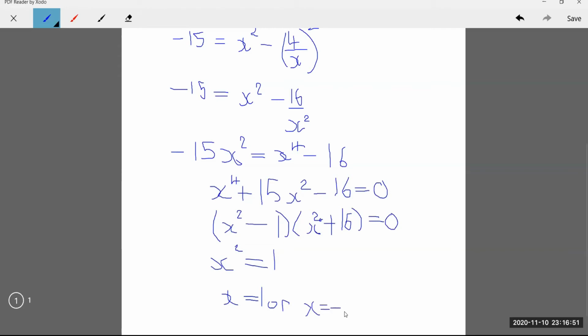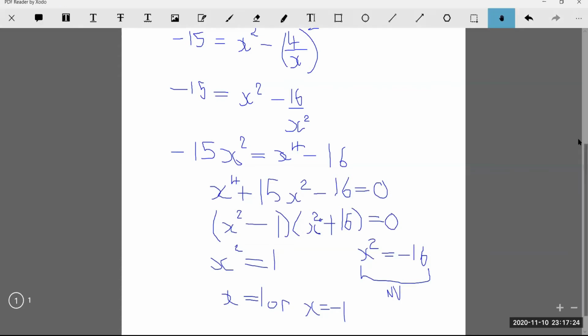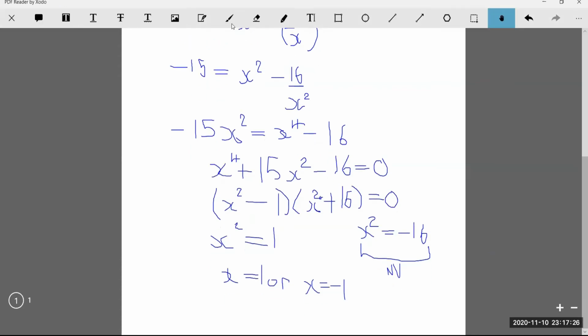Now x squared plus 16 equals 0, and so this is telling us that x squared is equal to negative 16. So what we're virtually saying is that this has no solution. We cannot square a real number and get negative 16. So this one is not valid.